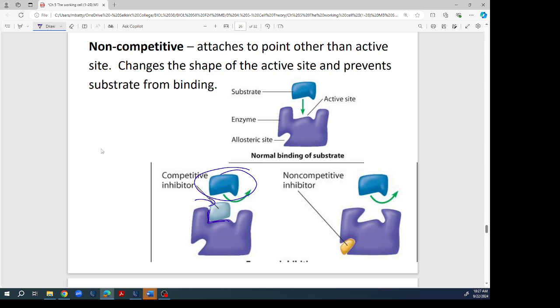Or down here, this would be a non-competitive inhibitor, and it budges in and it changes the shape so that our substrate can't get into my active site. So in this way, it is important to regulate chemical reactions, and most of our chemical reactions in cells have an enzyme.